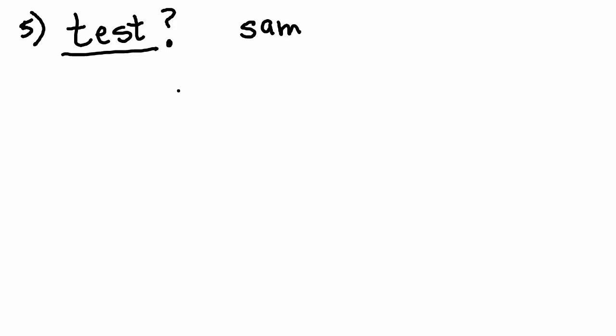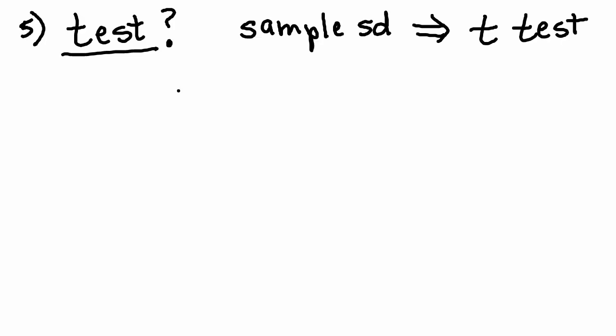Step 5 is to decide what test it is. Now, since we have only the sample standard deviation, that tells us it's a t-test. We don't know the population standard deviation, so we know it's a t-test. Maybe you can find another calculator that you want to use, but I stick to the calculator that I like.